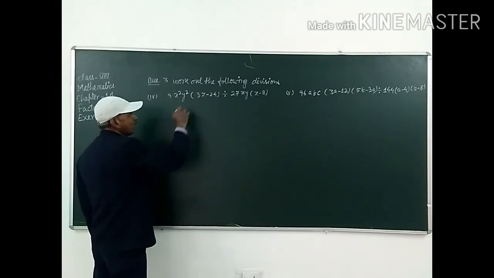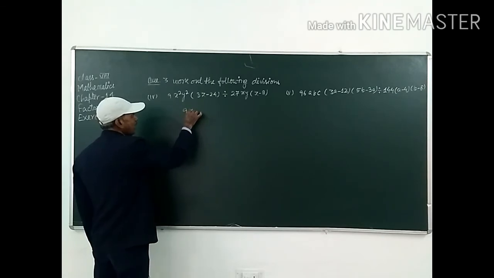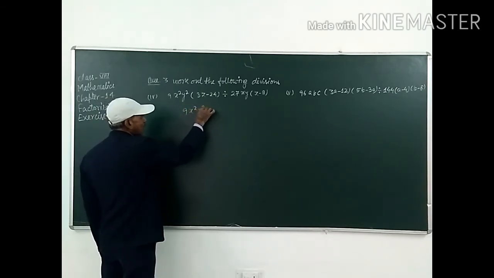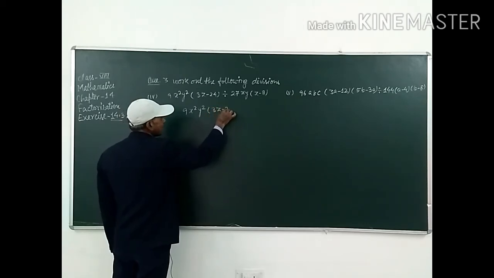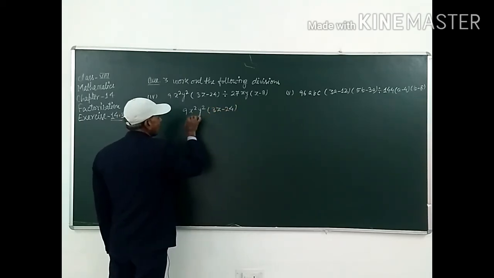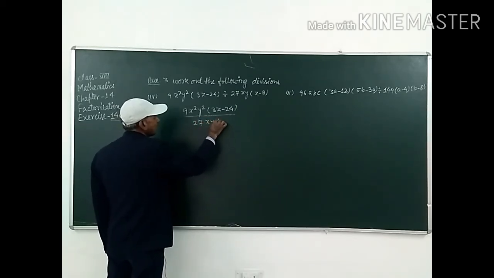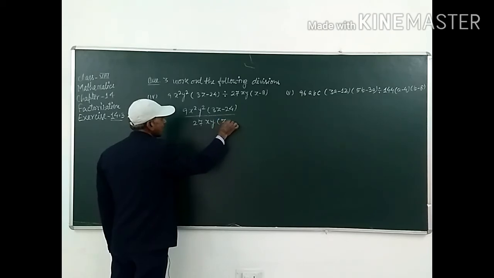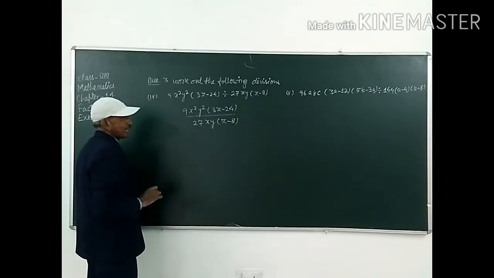So we have to write it in a systematic way, that is 9x square y square into 3z minus 24 divided by 27xy into z minus 8. This one is the second step.